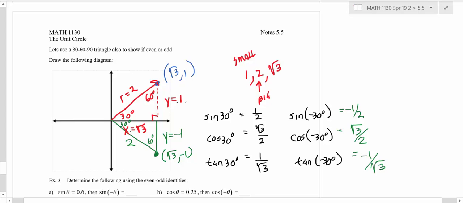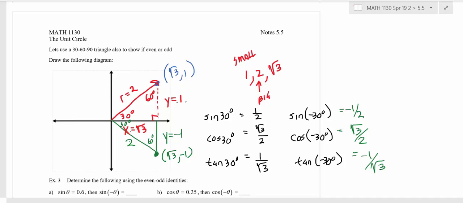Hopefully this makes sense to you. Notice that when the angles are opposite, so are the answers for the sine. That's an odd function, which is what you expect. Tangent, odd function. When the angles are opposite, so are the answers. And then the cosine's even because the answers turned out to be the same.